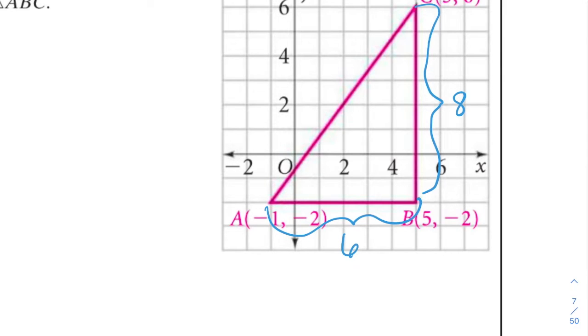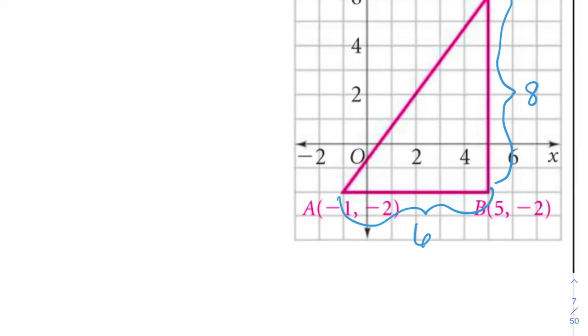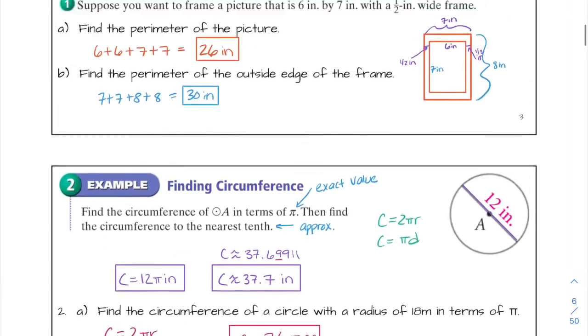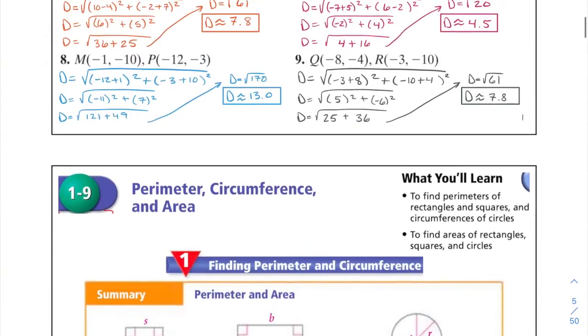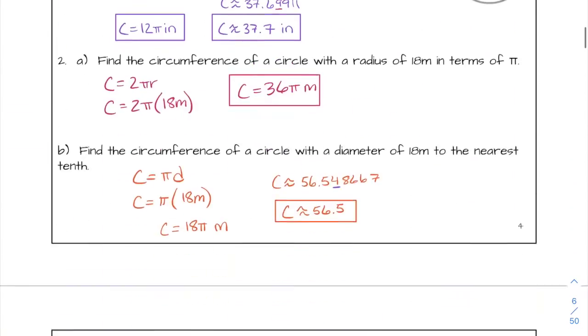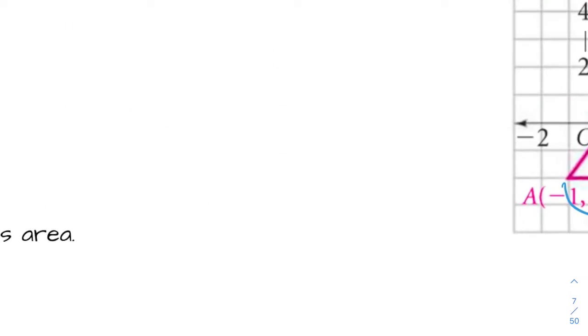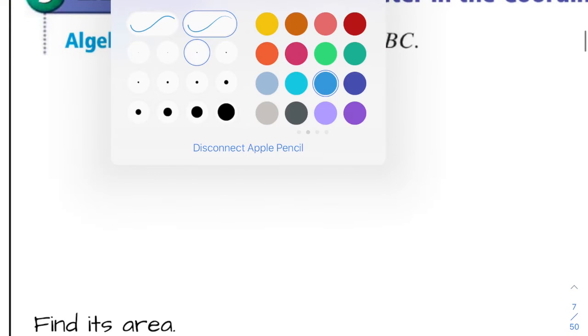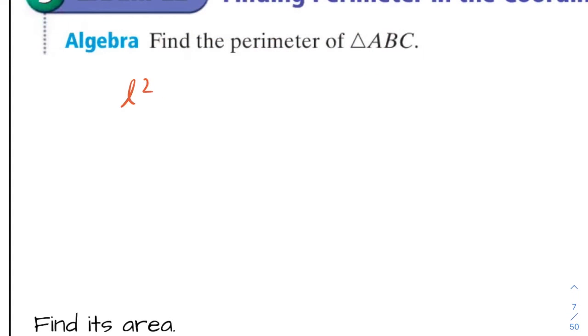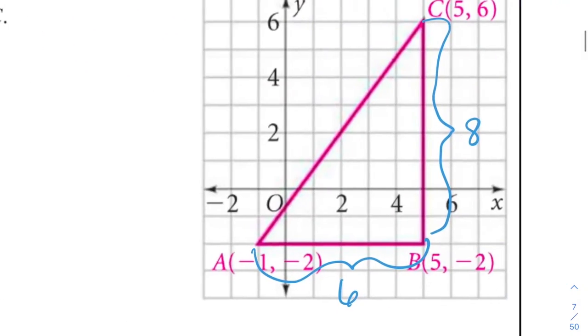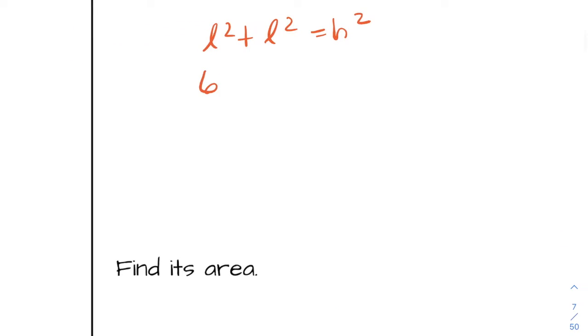So now you can do the distance formula, which is why this started off as a warm-up with the distance formula, but remember, you can also do the Pythagorean theorem. I find the Pythagorean theorem just a little bit easier, so I'm just going to do L squared plus L squared equals H squared. And I think my values were 6 and 8 for my legs.